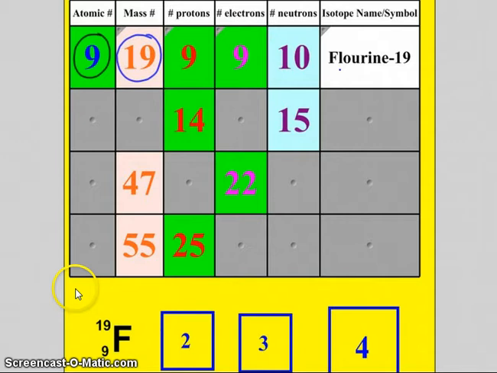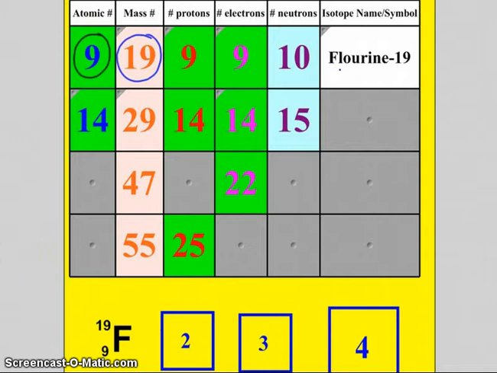Alright, let's look at another example. The next row again represents a different atom, and I've got different information given to me. Well, the first thing I focus on though, I've got 14 protons. If I have 14 protons, my atomic number is 14. That's the definition. All atoms are electrically neutral, so if I've got 14 protons, I have 14 electrons. Ape, atomic number, protons, electrons. Mass number again is protons plus neutrons, 14 plus 15, 29.